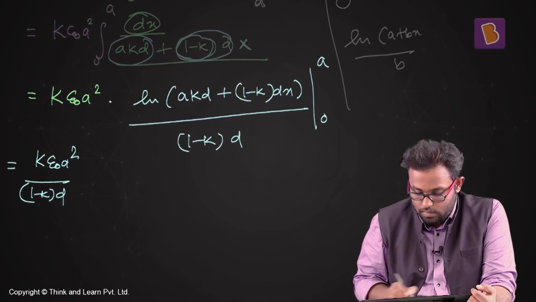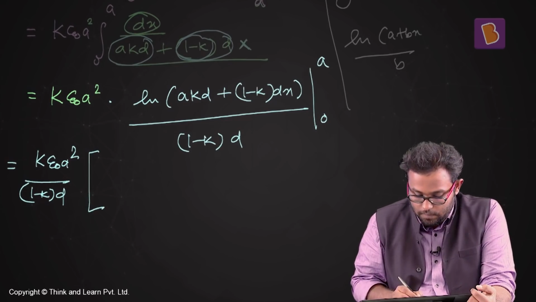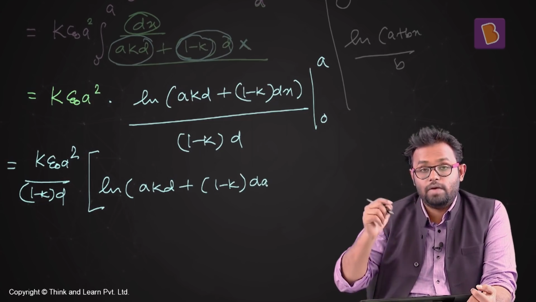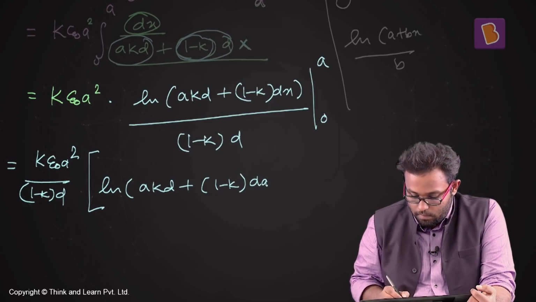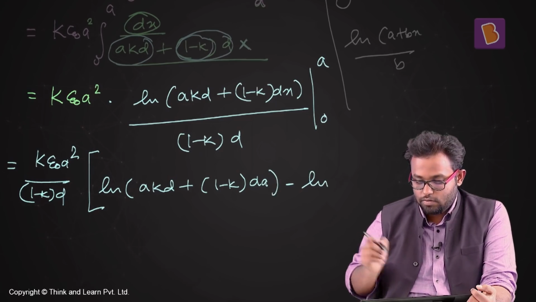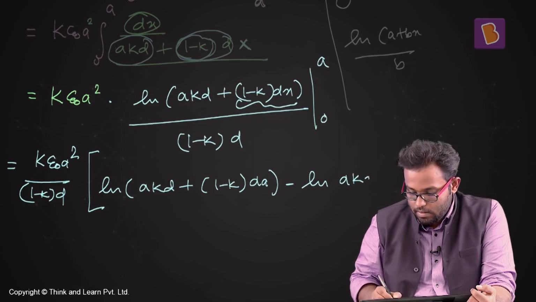I can take out constant, and the value of this, when I plug in a, I get ln of a k d plus 1 minus k times d a. The value of x is a, right? This whole thing minus ln of, when I plug in x is equal to 0, this whole term becomes 0, I get ln of a k d.